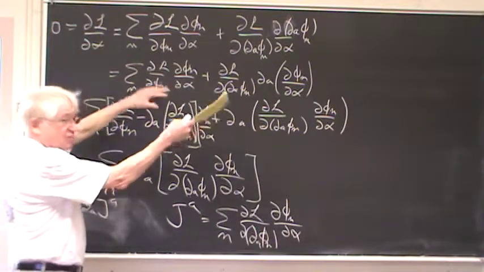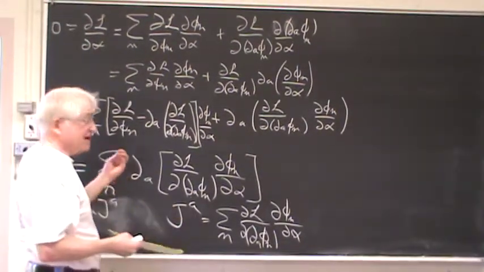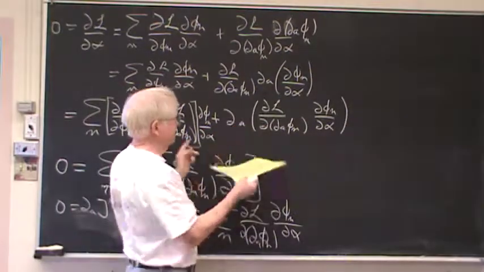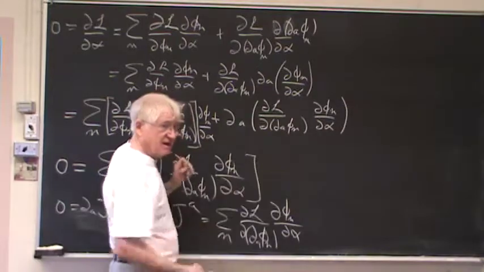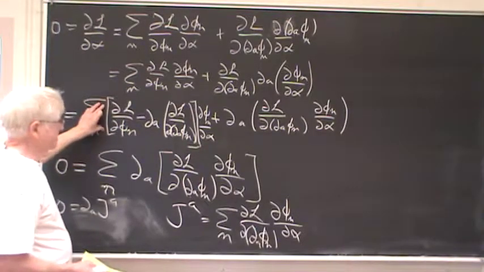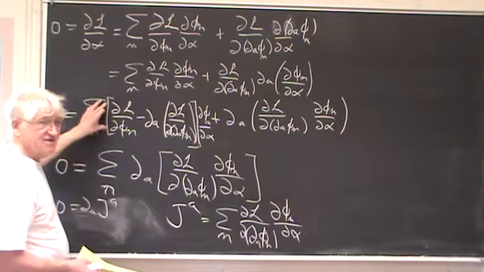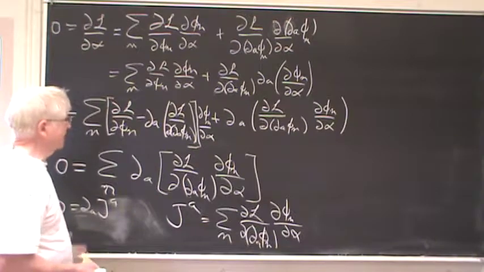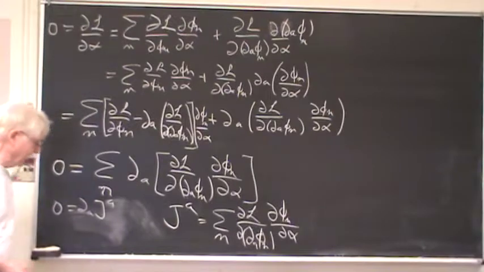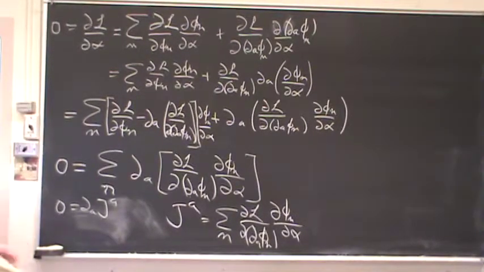Then we play around with integration by parts, the essence of which is just taking a simple derivative and making it complicated. And then we say the fields obey the classical equations of motion, and what we're left with is 0 equals this. This then is the current. Now, let me explain why this is a conserved current.